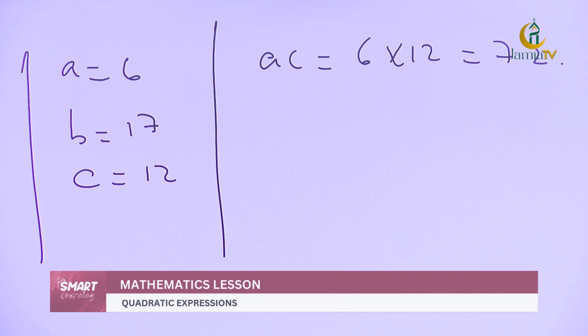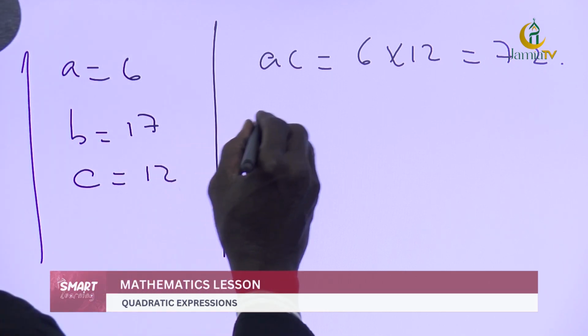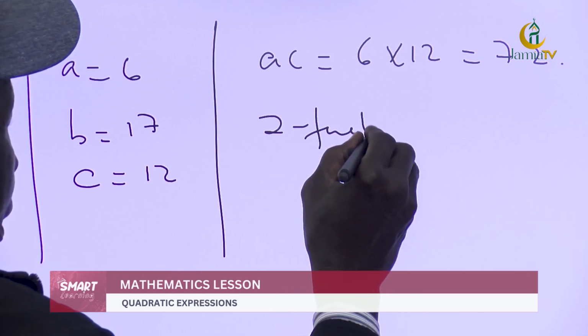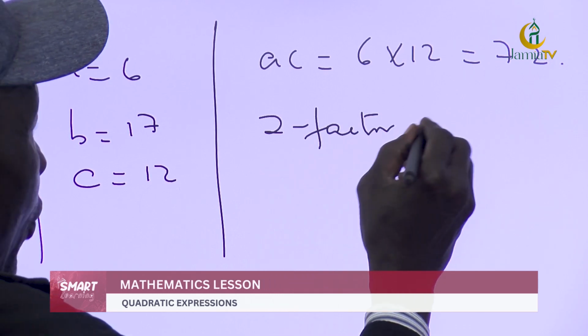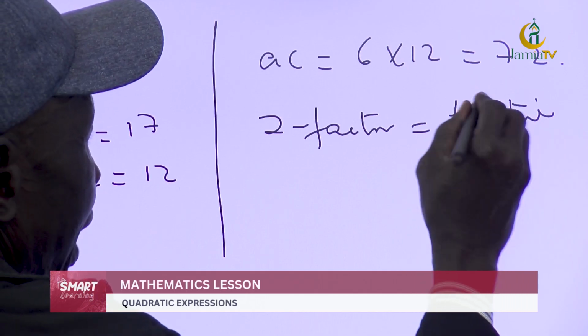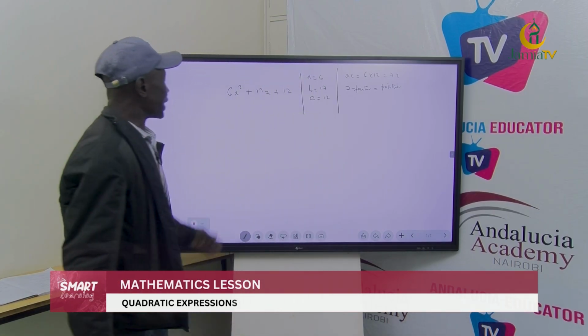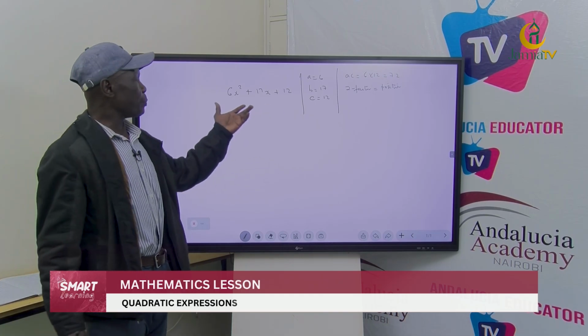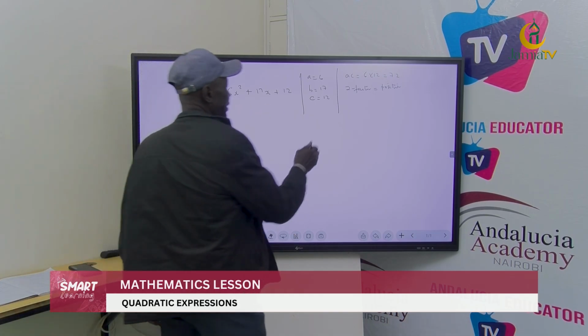Definitely I can see here my B is positive and my C is positive, which means that the two factors I have will both be positive. I don't have to test for the B squared minus 4AC, but we can test it.